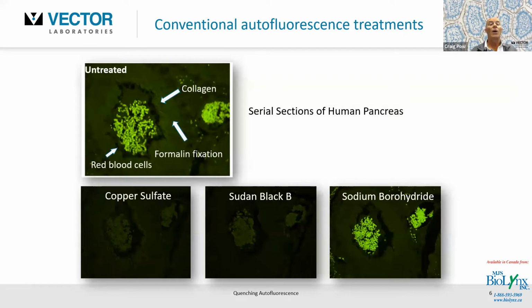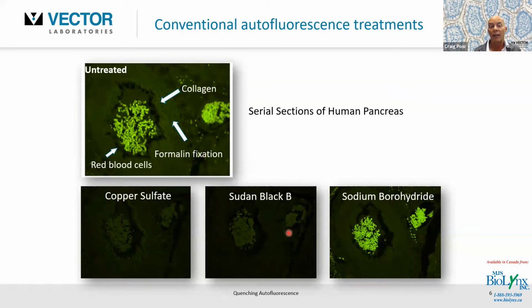So going back to my original image there, showing you the problems with the inherent autofluorescence due to, say, red blood cells, collagens, elastins, or indeed induced through the use of an aldehyde-based fixative. Copper sulfate, you can still see some of the collagen in there, the aldehyde-fixed residual fluorescence, and the red blood cells. This is an ink-based reagent, Sudan black.